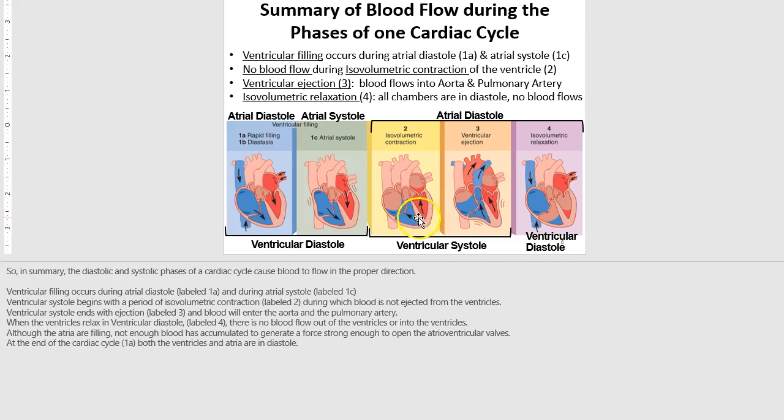So blood is not ejected at the very beginning, but we're still in ventricular systole. At the end of ventricular systole, blood is ejected because enough force has been generated to actually push the blood past the semilunar valves. Sorry, I should tell you, this is called ventricular ejection.